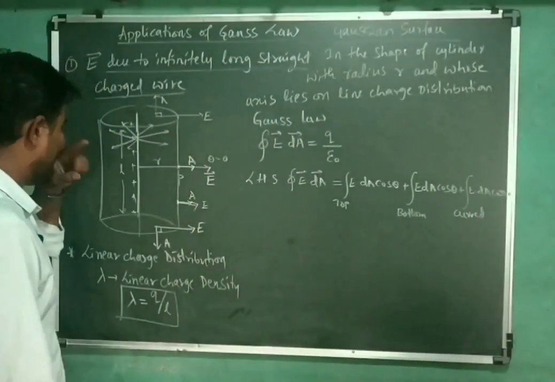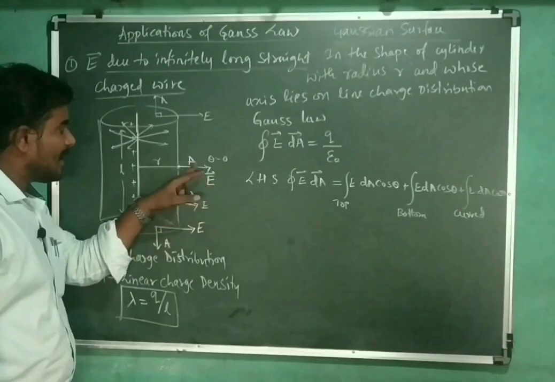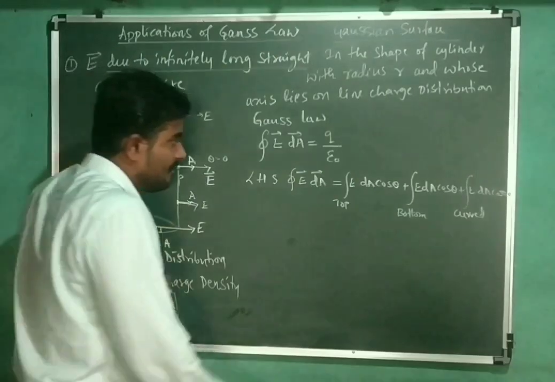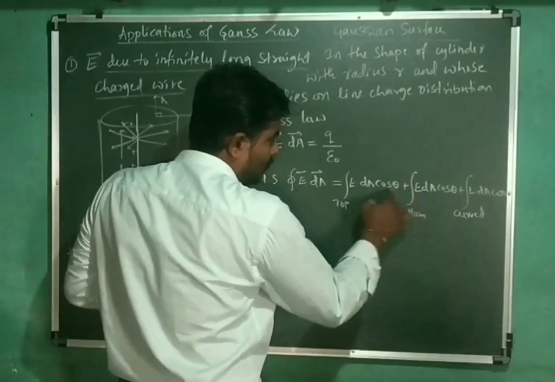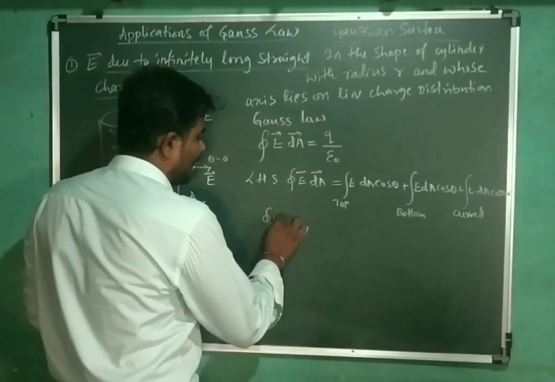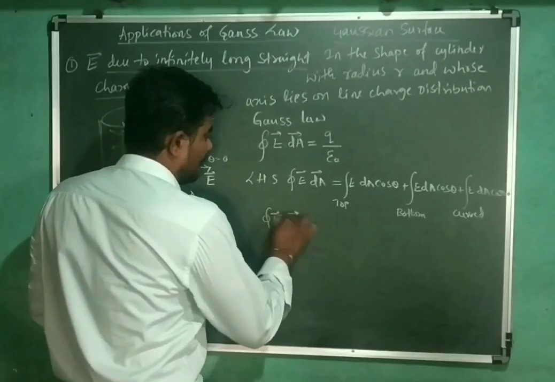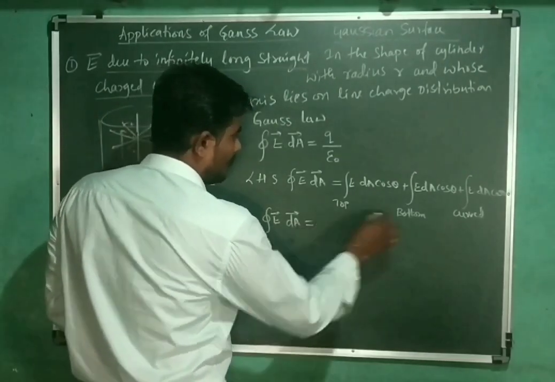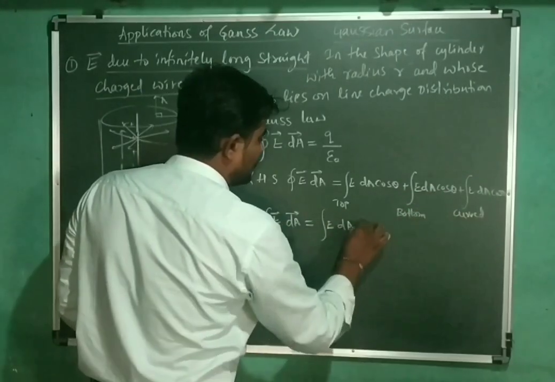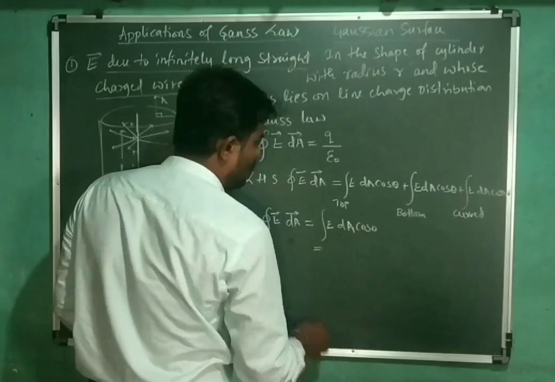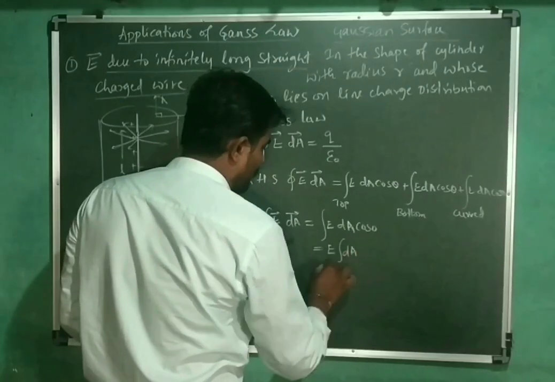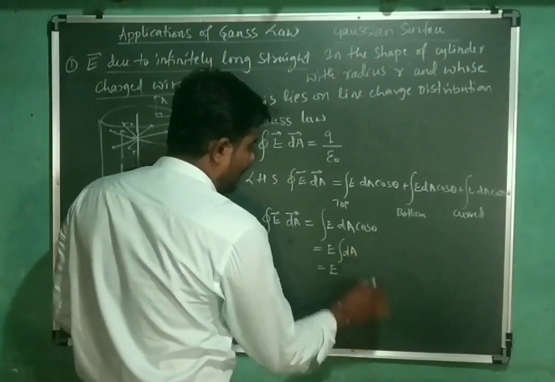As you can observe here, the angle between electric field and area vector on the curved surface is 0 degree. On the top and bottom surface it is 90 degree. Therefore, cos 90 and cos 90 here. Cos 90 is 0, and 0 into anything is 0. Therefore, closed integral E dA is equal to, for the curved surface, E dA cos theta, where cos 0 is 1. What is constant? E is constant, and we have integration of dA.